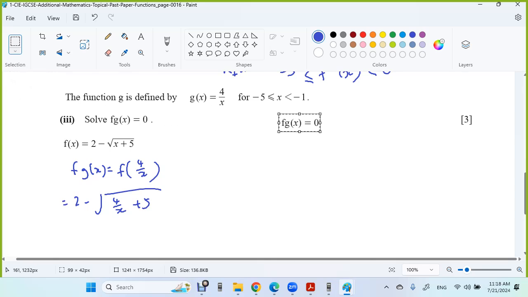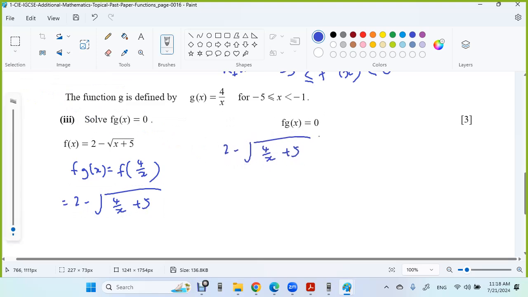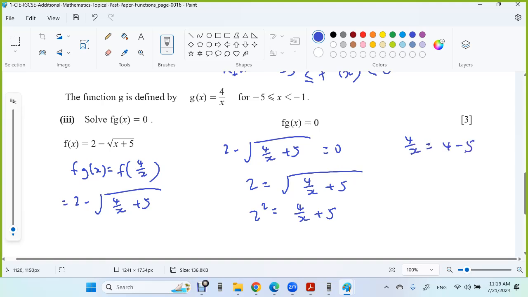Then it will become this one equal to 0. So we have 2 equal to square root of 4 over x plus 5. 2 squared is 4 over x plus 5. So 4 over x equal to 4 minus 5. So 4 equal to negative x, x equal to negative 4.